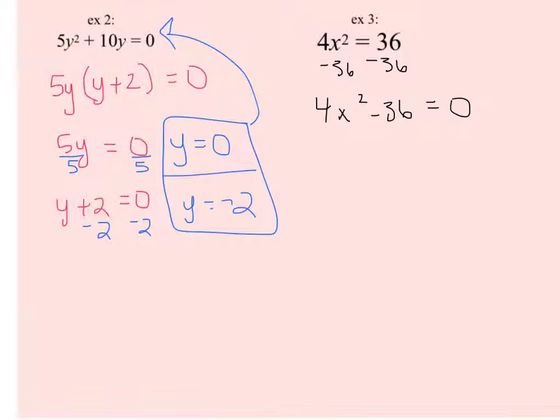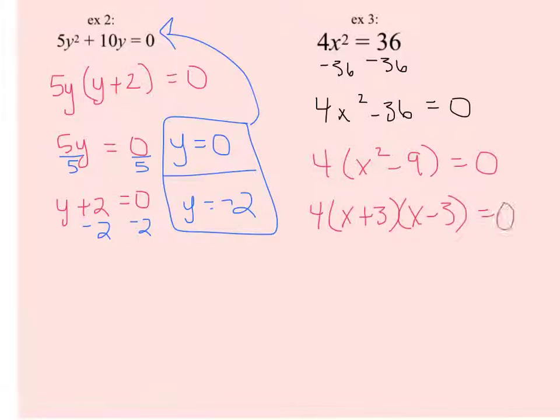I do have a GCF, that would be 4, and I'm left with x squared minus 9 equals 0. And then I am going to double check for special factor patterns inside that parentheses, and I have a difference of 2 perfect squares. That leaves me with 4 times x plus 3 times x minus 3 equals 0.